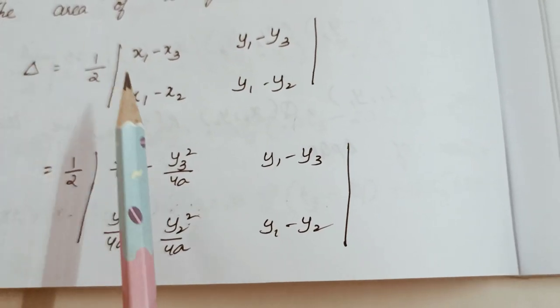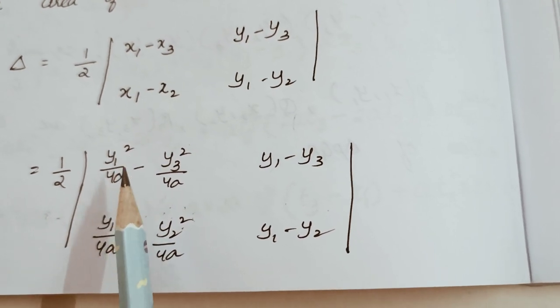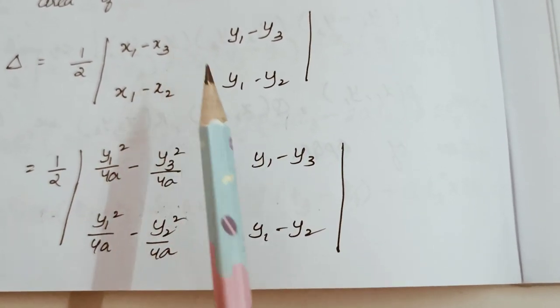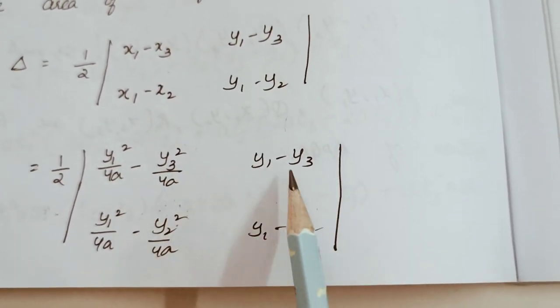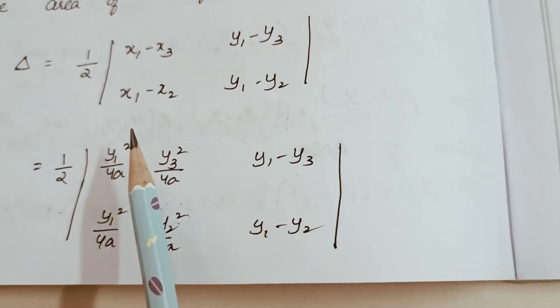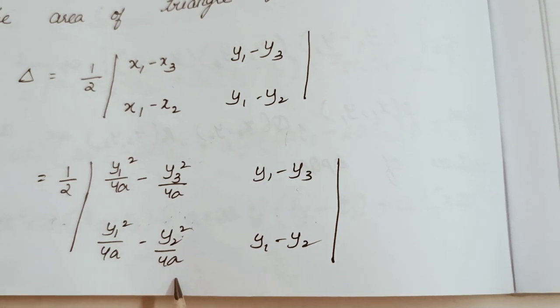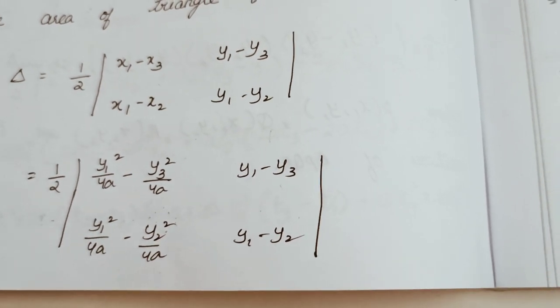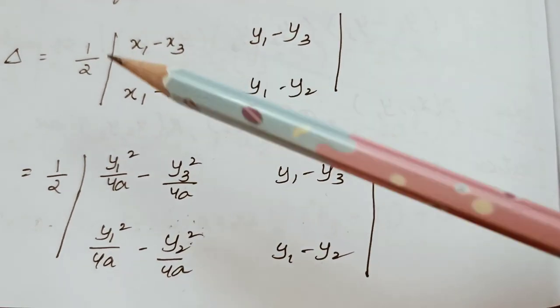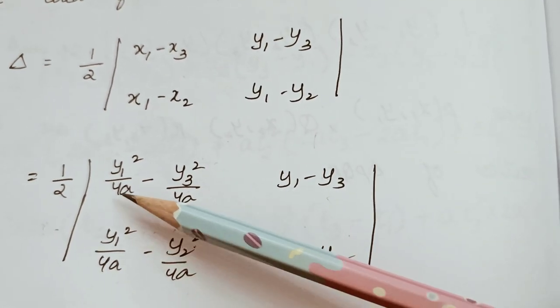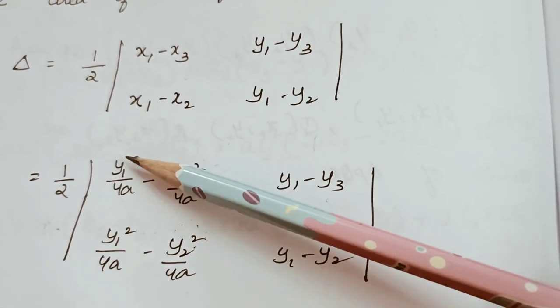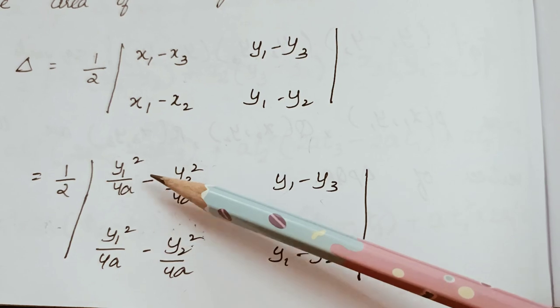Half mod, x1 is y1²/4a minus x3 is y3²/4a. This one same as it is, and x1 is y1²/4a and x2 is y2²/4a. This one same as it is. Now taking LCM here, the denominator will be 4a and the numerator will be y1² − y3².